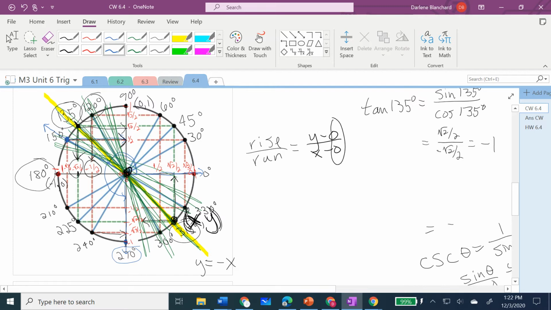I'm going to now draw lines with positive tangents. This is a positive 1 slope. All of these angles have positive slopes. And I've got one better. Are you ready for this one?